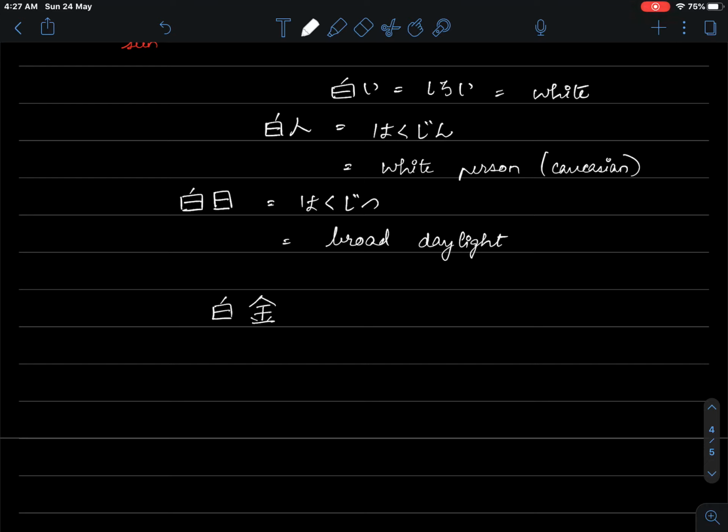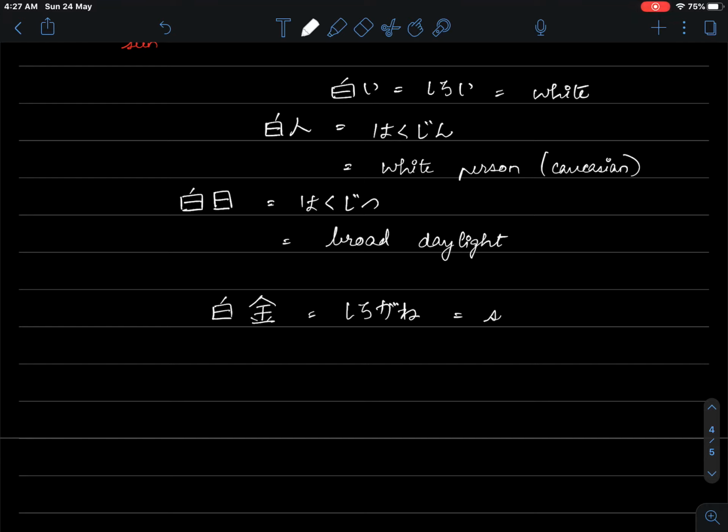Now this word has two readings, so we'll first look at the first reading, shirogane. Okay, shirogane. So let's try and understand what this could be. So you're talking about money or a metal which is white, which is the most commonly known or most easily recognizable metal, which is white.